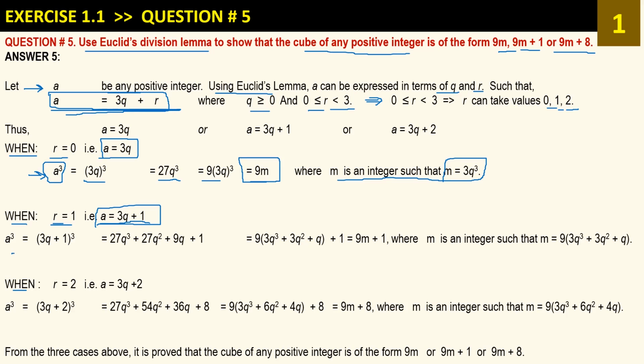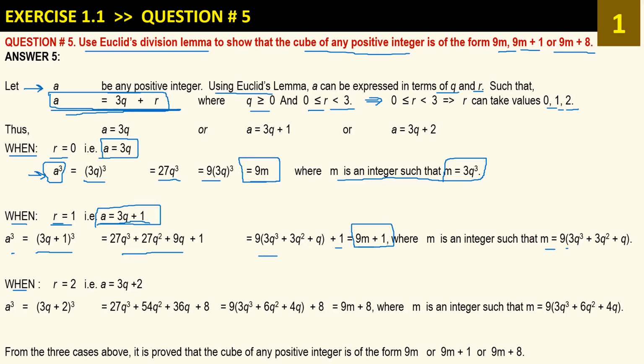Then a cube will be 3q plus 1 whole cube, and it can be further decomposed and shown in the format 9 times (3q cube plus 3q square plus q) plus 1, which is of the form 9m plus 1, where m is equal to 3q cube plus 3q square plus q.